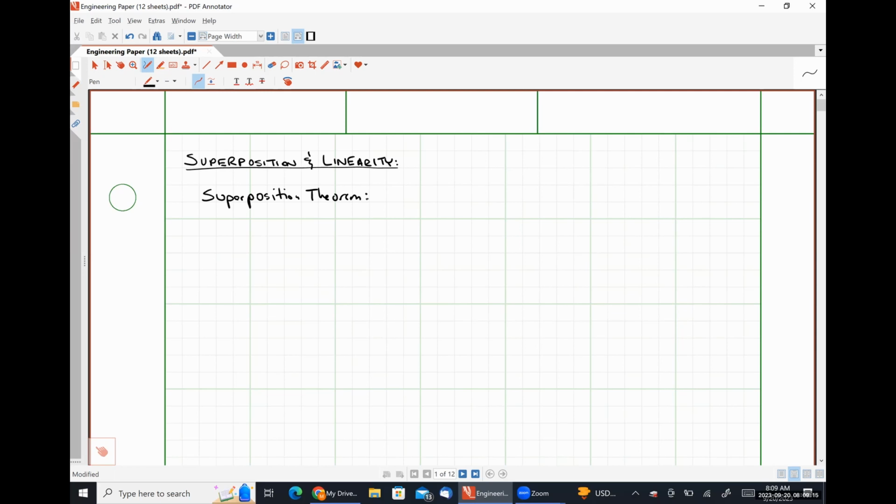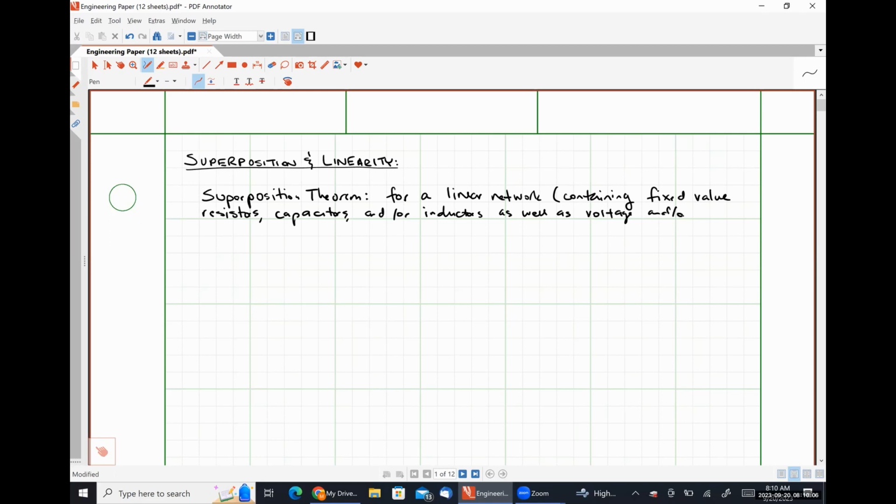But the superposition theorem generally states that for a linear network, so this would be containing, let me rephrase this, fixed value resistors, capacitors, and/or inductors, as well as voltage and/or current sources.